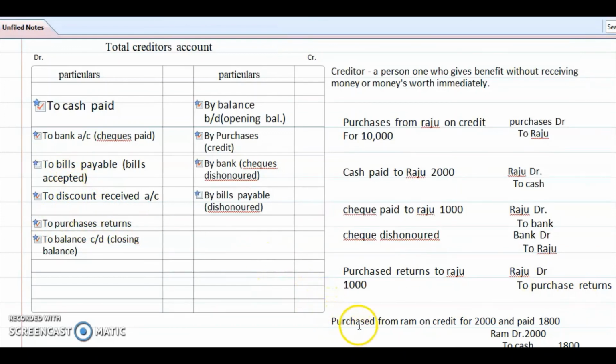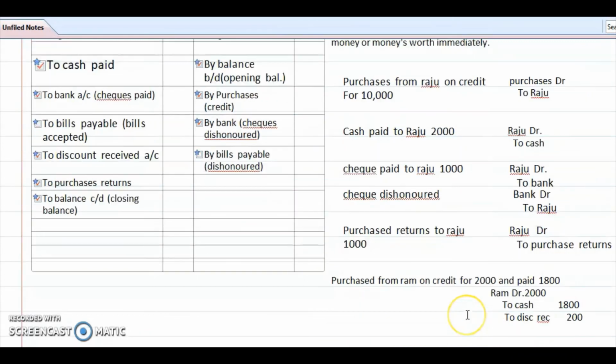Then the last one, purchase from Ram on credit 2000 and paid rupees 1800. Since we purchased for 2000 but paid only 1800, the 200 is discount received. Discount received is on the credit side. That's why we are writing the discount received 200 on the debit side of the creditors account.